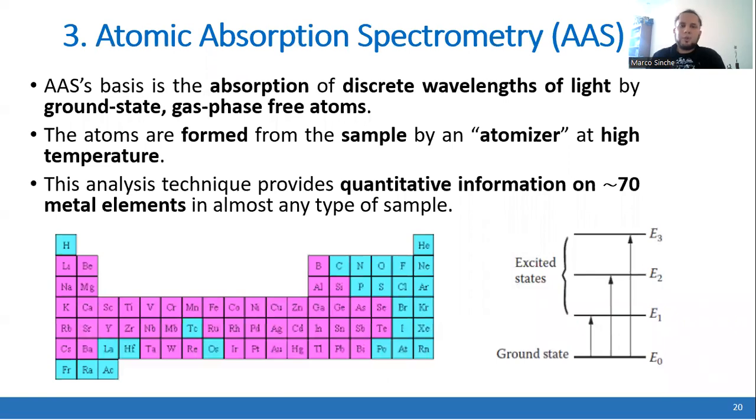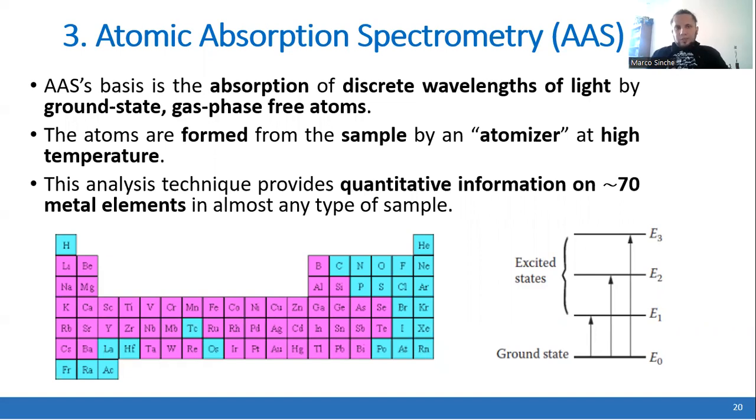Moving to atomic absorption spectrometry, represented with the letters AAS. This technique is based on the absorption of discrete wavelengths of light by free atoms that are in gas phase and in a ground state energy.